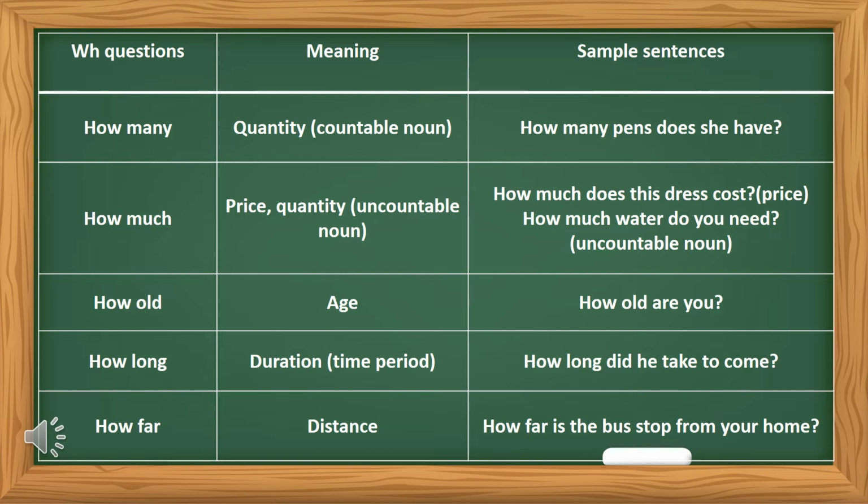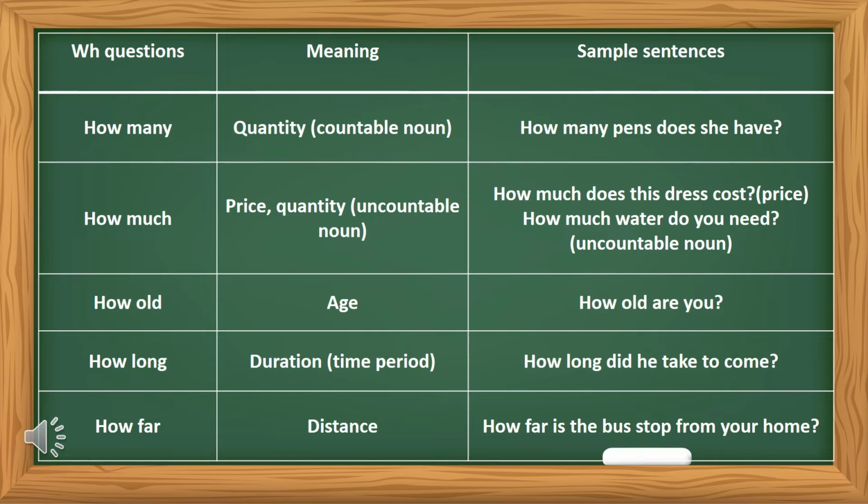Then we can see how old. How old is used when we want to know about someone's age. For example, how old are you? So it is a very simple method. When we see the statement indicates an age of somebody, we have to use how old. Then we see how long.